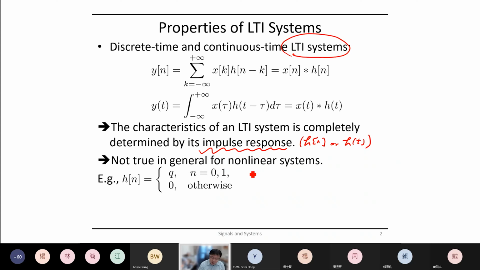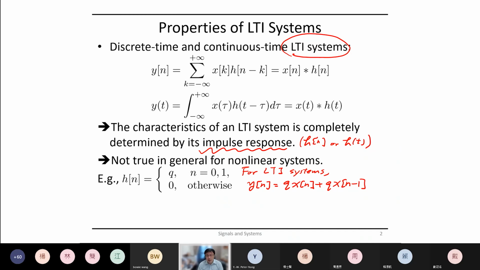For an LTI system, if your system is linear time invariant, specifying the impulse response characterizes completely the input and output relation. In fact, just by plugging this into this convolution sum here, you will find that the output at time n can be written as q times the input at time n plus q times the input at time n minus 1.